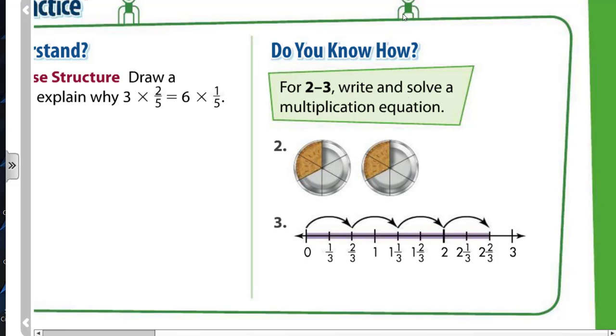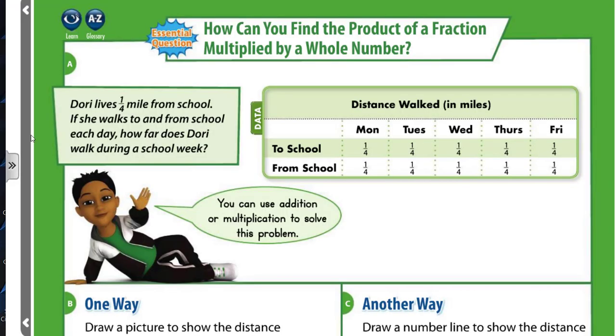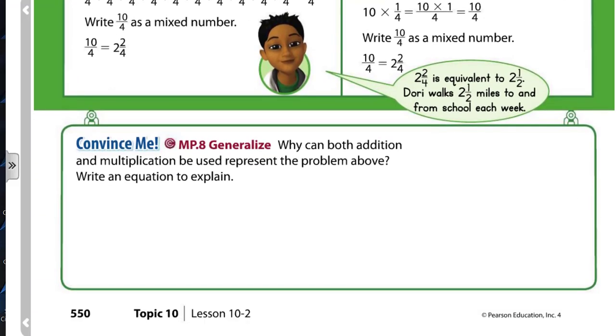Oh, let's see. So to start, my heroes, open your books. What page is this? The page is 551.